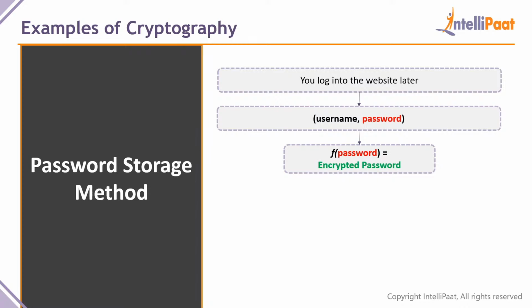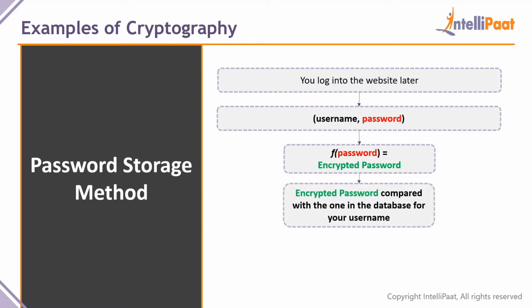The password is converted using bcrypt or some other algorithm into the encrypted password. So what is actually passed onto the website is the username and the encrypted password. The encrypted password is then compared to the password present in the user database. So, firstly, the database will look for your username or email.